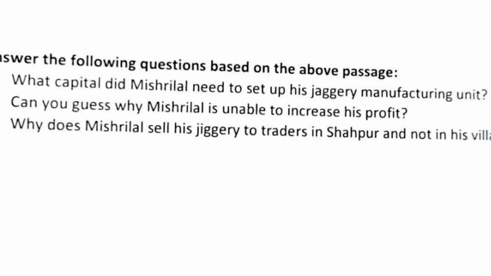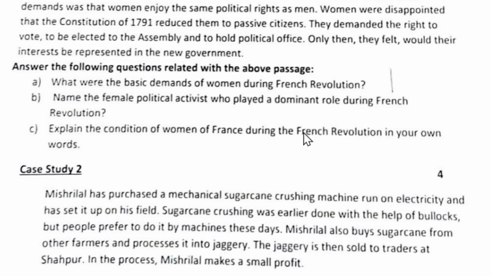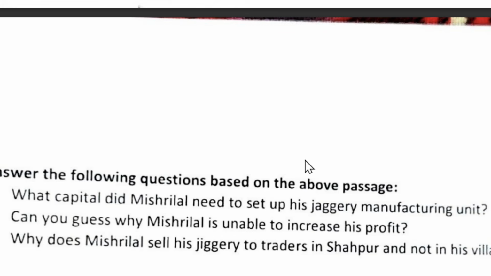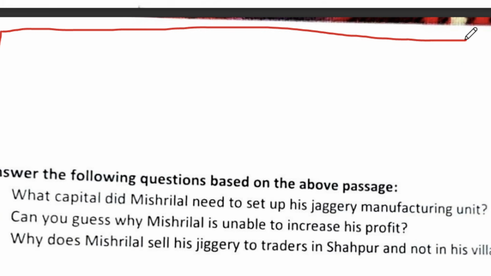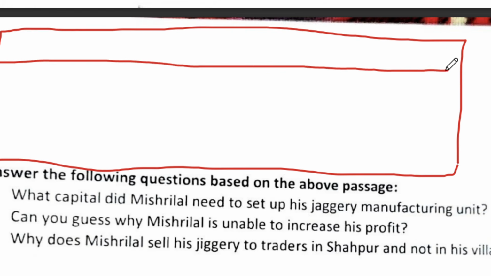I will be writing here. So we have like little space. So question number 14. If they always ask to distinguish, you should write in a tabular column. Okay. So create a tabular column like this. Okay, and you can divide this into two.